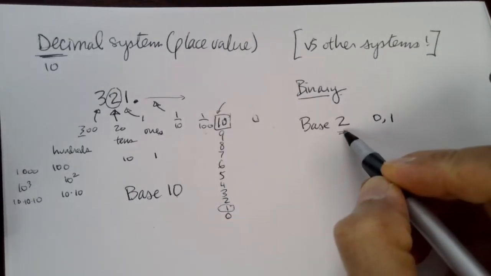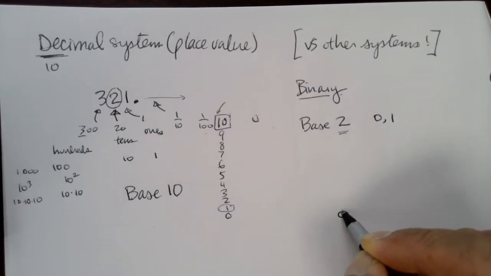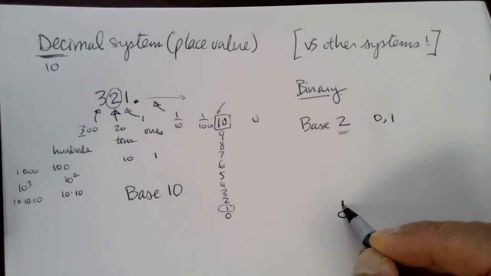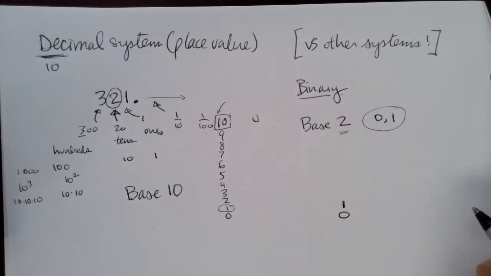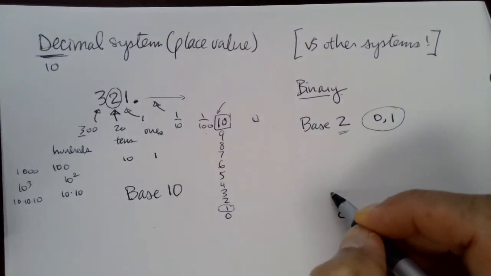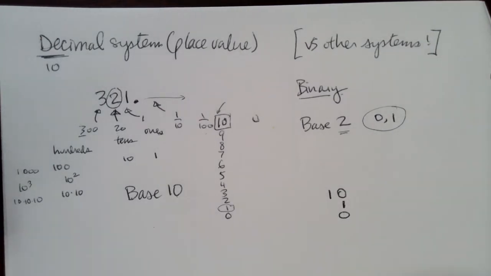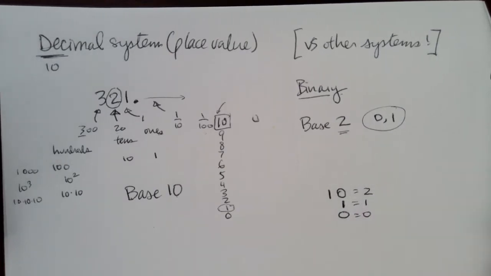Because in order to indicate our next number, so let's count in base 2, in order to count from 1 to 2, without the number 2, we now put a 1 in the next place to indicate 2.